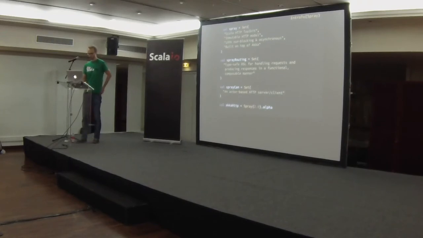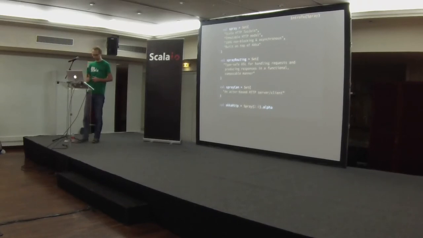But in Spray, it's still Spray routing, which is a type-safe DSL for handling requests, producing responses in a functional, composable way. And we're going to see what that means and how it's different from frameworks like Play, ScalaIO, and all the others, where there's only one level, which is the URI. You match it, and then you do all the rest in some other code.